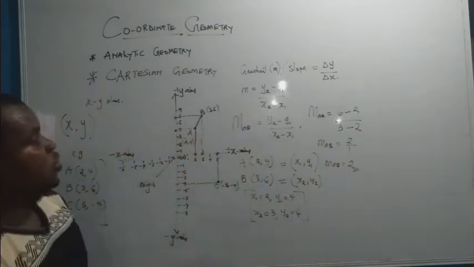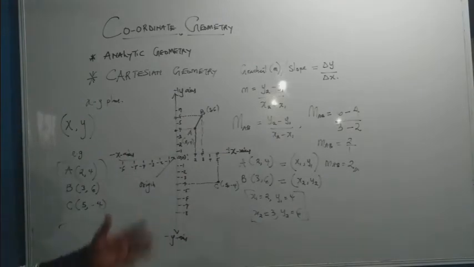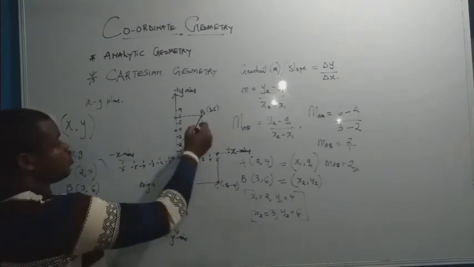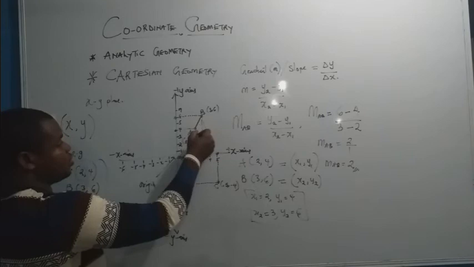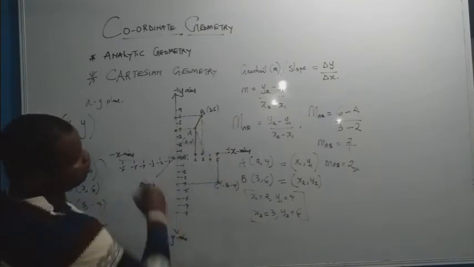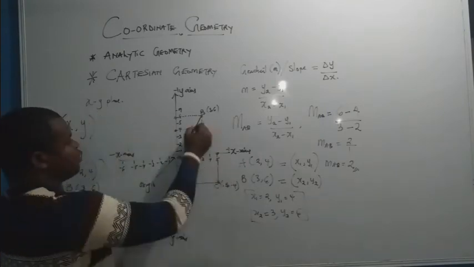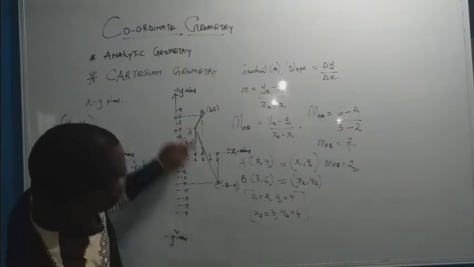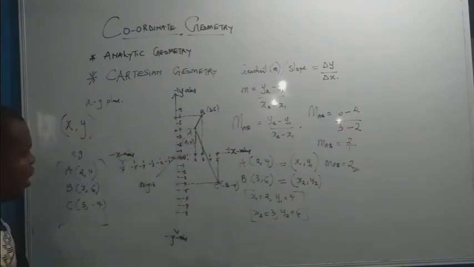Alright. So what if you are asked to calculate the gradient of AC, line AC? So this is point C. Is that clear? And this is point A. So you connect them together. Don't mind it, it's supposed to be a straight line. So we have the line AC. Is that clear?